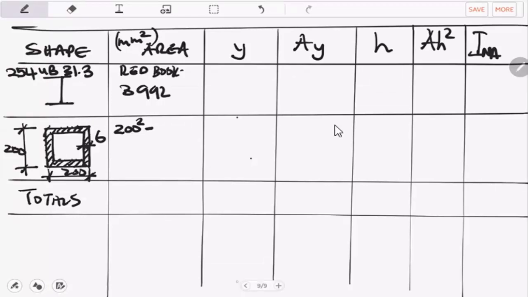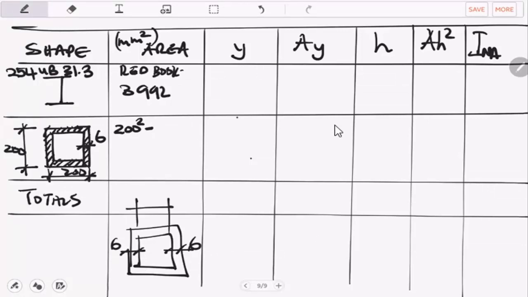Guys, what if we are lost? We've got a rectangle like this. It is 6 millimeters thick this side, 6 millimeters thick that side. I want to know the dimension of this internal square, and I've got the dimension of the external square, and that value is 200.